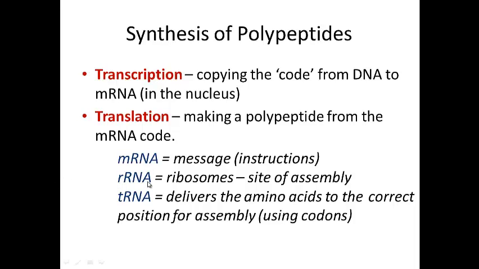The ribosomal RNA is the RNA that makes up those ribosomes, and that's just the site where it happens really. And the transfer RNA has an interesting job. That actually transports the amino acids to the correct spot on the messenger RNA at the ribosome. So it's just taking the right amino acids across so the molecule can be constructed.